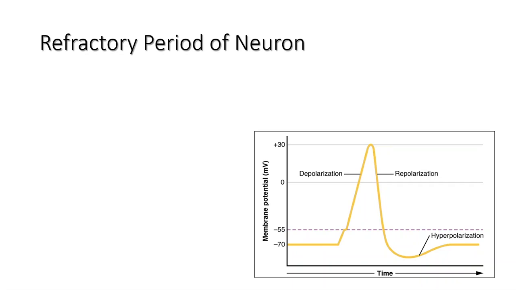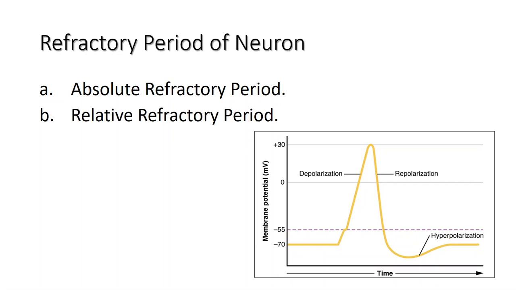While an action potential is in progress, another one cannot be initiated. This effect is referred to as the refractory period. There are two phases of the refractory period: the absolute refractory period and the relative refractory period.